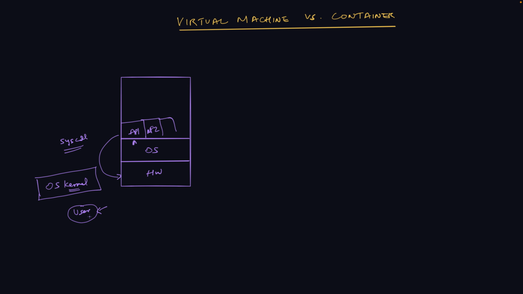They just make it easier to interact with kernel mode. So when we have applications running on the operating system, we usually use these user mode libraries and programs to talk to the kernel. So here, when we are talking about the operating system, we are just talking about the operating system kernel.